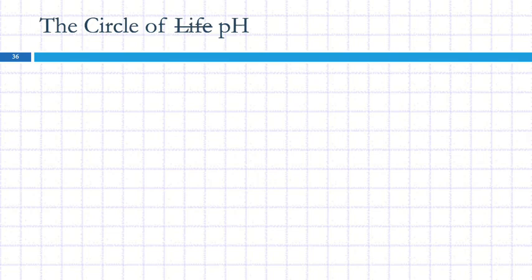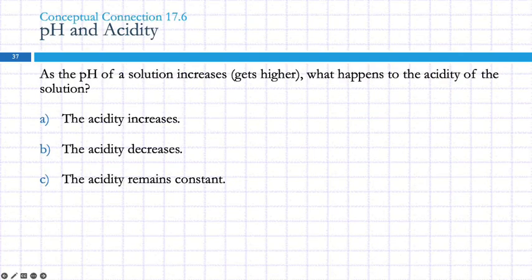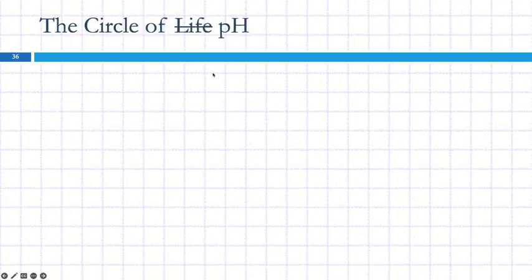The circle of pH. So there's 4 things that we can calculate. There's pH, there's pOH, there's hydronium ion concentration, there's hydroxide ion concentration. And they are related to each other in the circle of pH. So it doesn't really matter what you put on top.